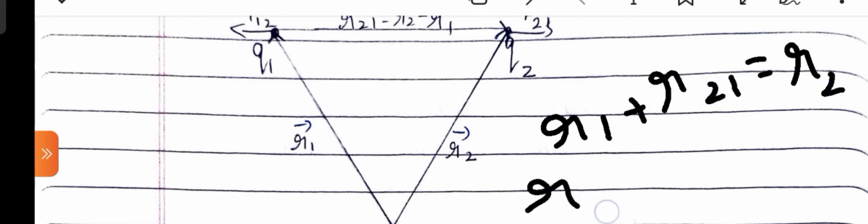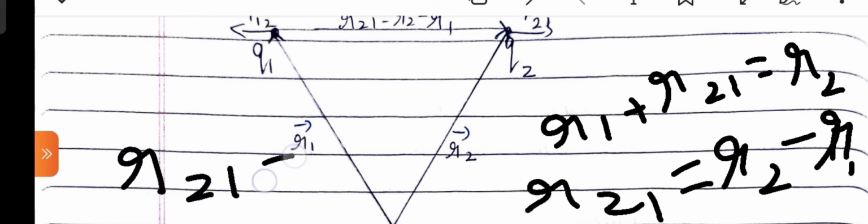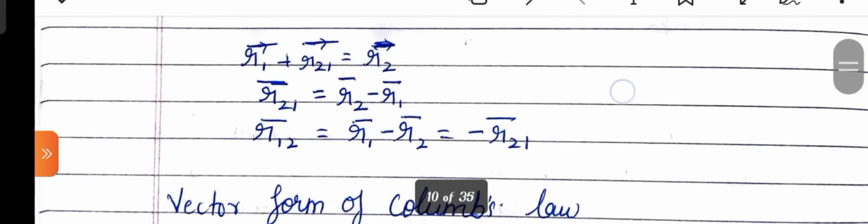So R21 is equal to R2 minus R1. Here R2 minus R1 we can also write as minus R12, right? So therefore R21 is equal to minus R12. Okay. So that is the position vector of 2 due to 1.